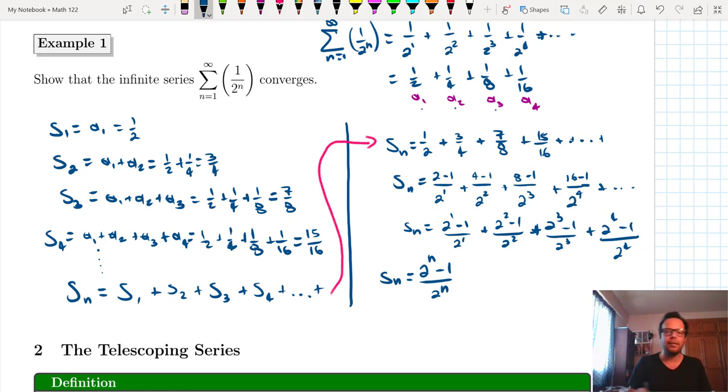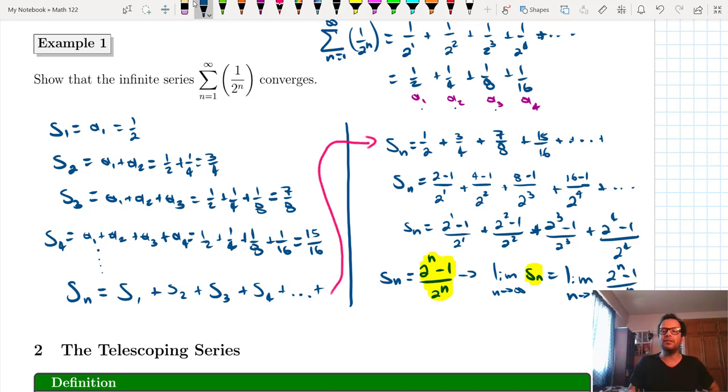So now we are going to find the limit of that sequence. The limit of Sn as n approaches infinity, and in this case Sn is given by the expression we got in the previous step. So let's replace with that and write the limit as n approaches infinity of (2 to the n minus 1) divided by 2 to the n.